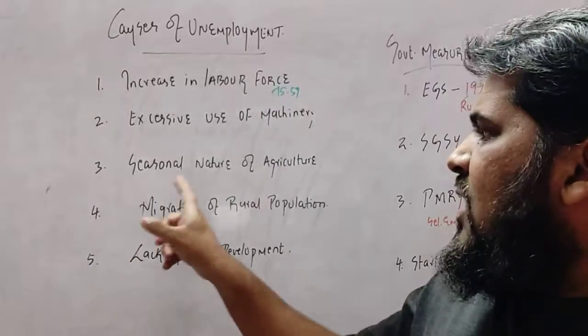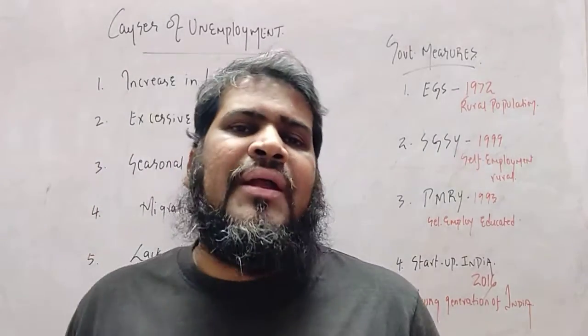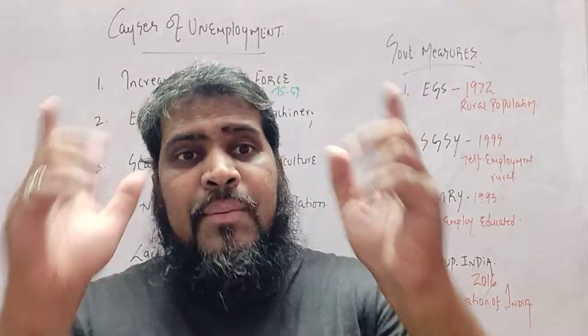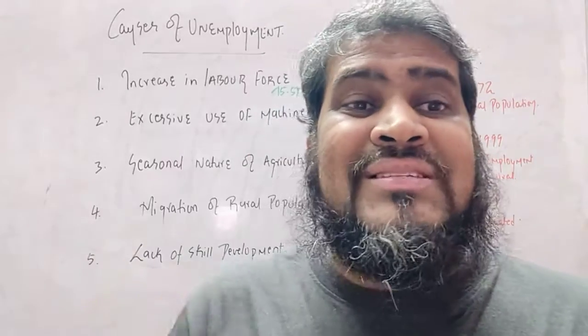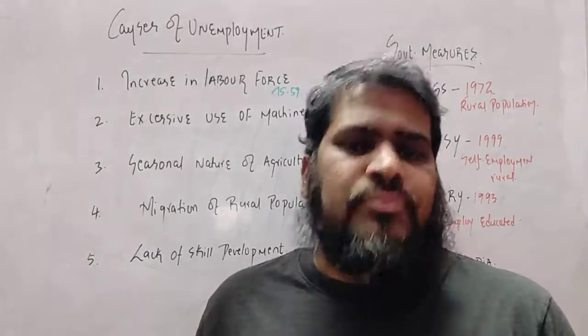Right, students? Then we have agriculture. More than 50% of the Indian population is related with agriculture, and everybody knows that agriculture is a seasonal activity. It depends upon the monsoon season.